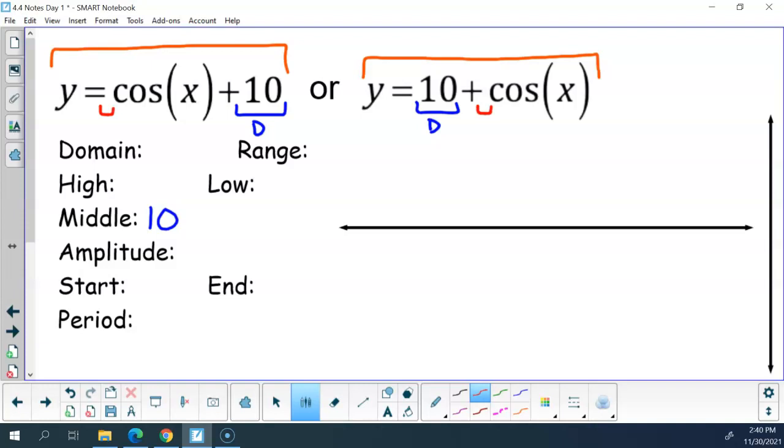So my amplitude in this case is 1. Which means if my middle is at 10 and I go up 1, what's the high value? 11. If my middle is at 10 and I go down 1, what's my low? 9. So my range now is from 9 to 11.